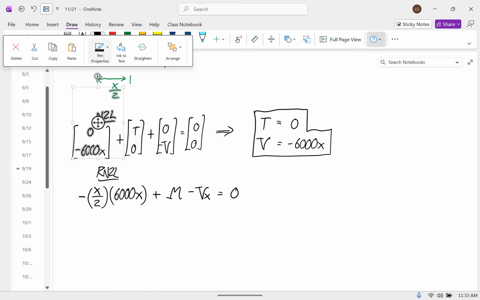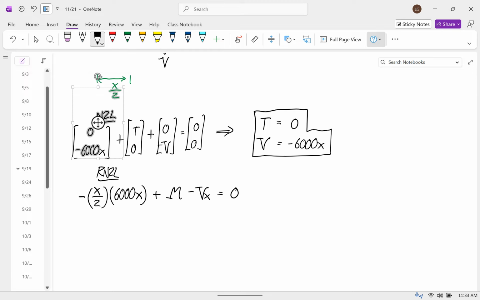So you always can use the table if you want, but if you spend a little time getting used to this, it'll be a lot faster. It's up to you. So M is equal to Vx plus 3,000x squared. Substitute V in here.